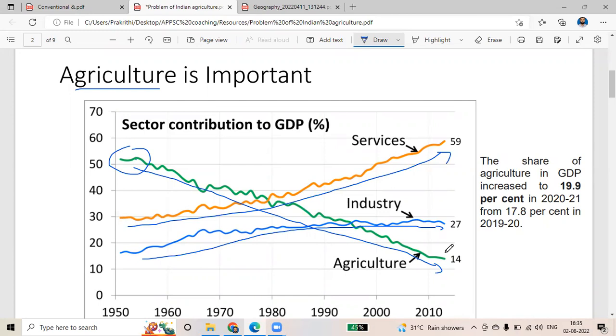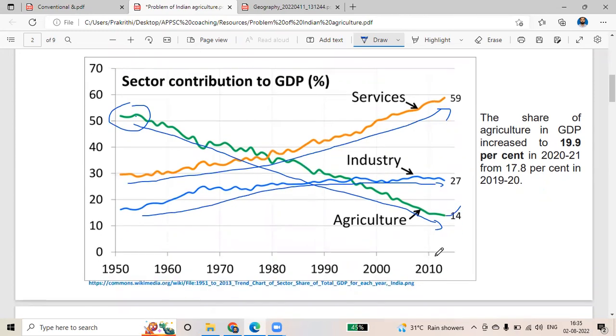Right now, there is a certain boom in the agriculture sector. So this is about 2010 data. If you look at 2020 data, it is almost 20%. So there is a better improvement. Almost 20% we are depending on the agriculture sector in our GDP.